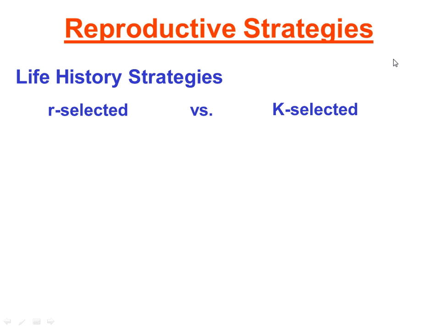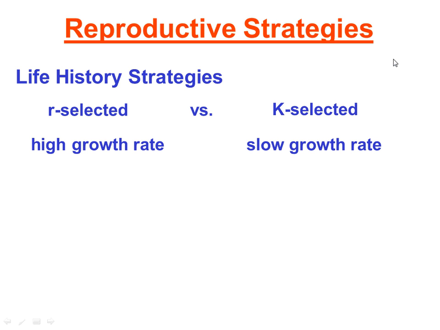A way that you can remember the difference between these two groups of organisms is that R selected species tend to show a high growth rate, where K selected tend to hang around that carrying capacity. So some characteristics of both of these. R selected species are going to have a high growth rate, like I said.